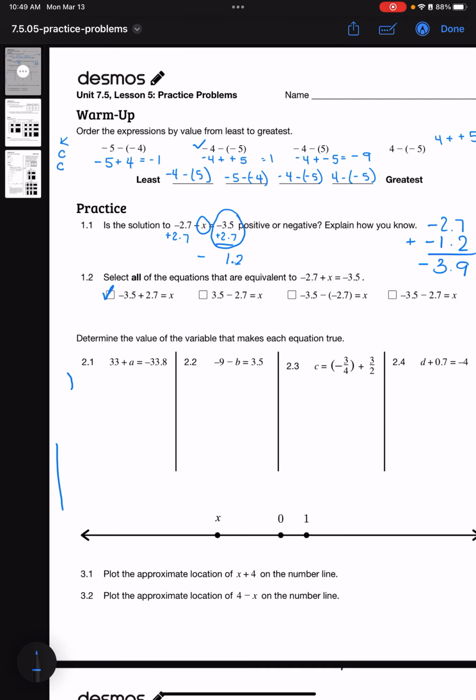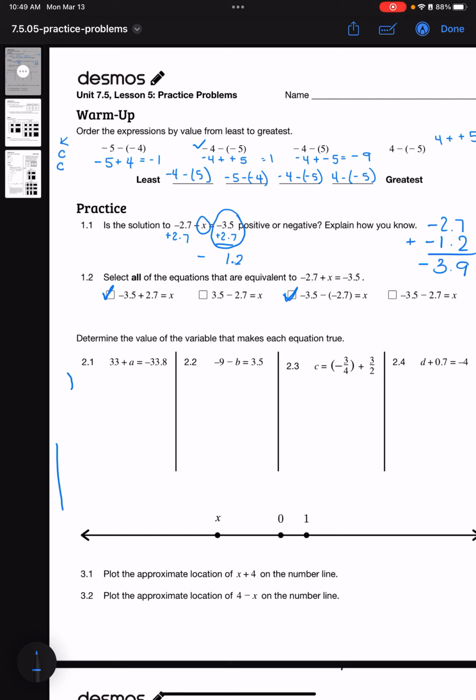So this should work. -2.5, that one won't work. -3.5 plus a +2.5, that would work. And then this one would not work.